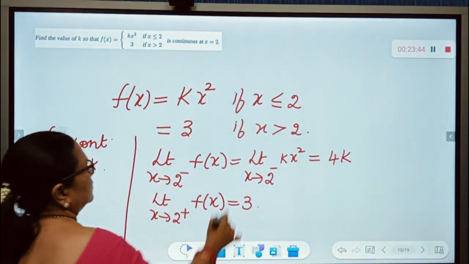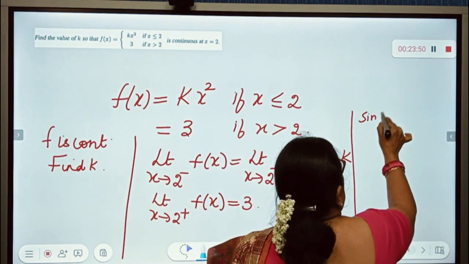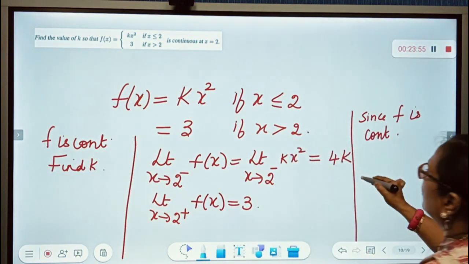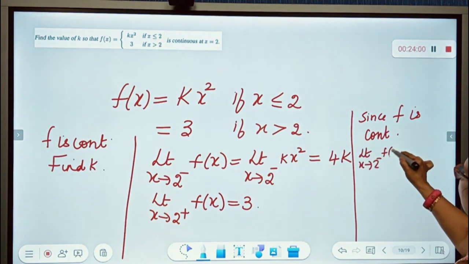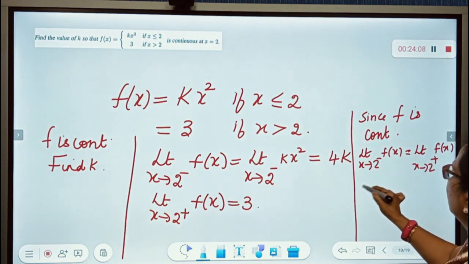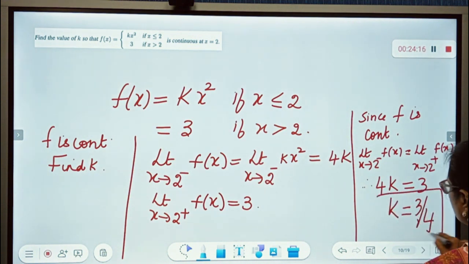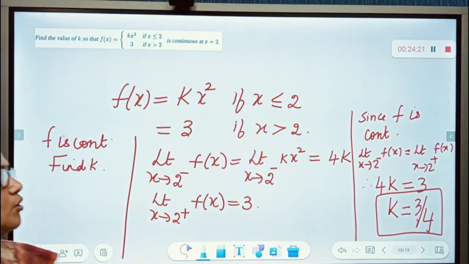This is 3. Since f is continuous, the limit as x tends to 2 minus of f(x) is equal to the limit as x tends to 2 plus of f(x). This means therefore 4k equals 3, or k equals 3 by 4. So if f is continuous, k equals 3 by 4.